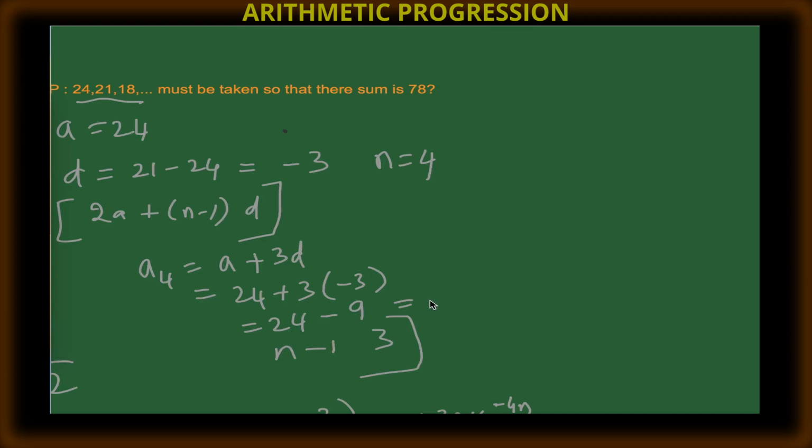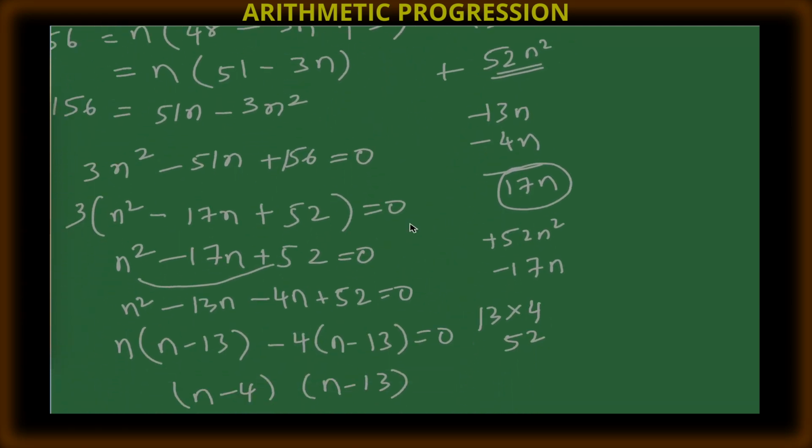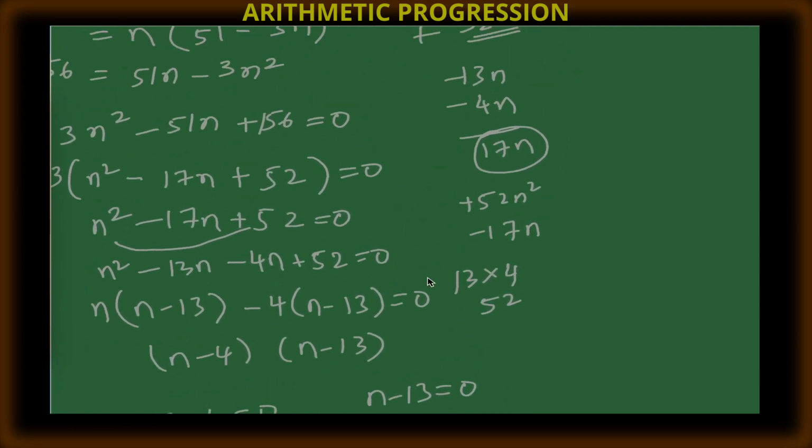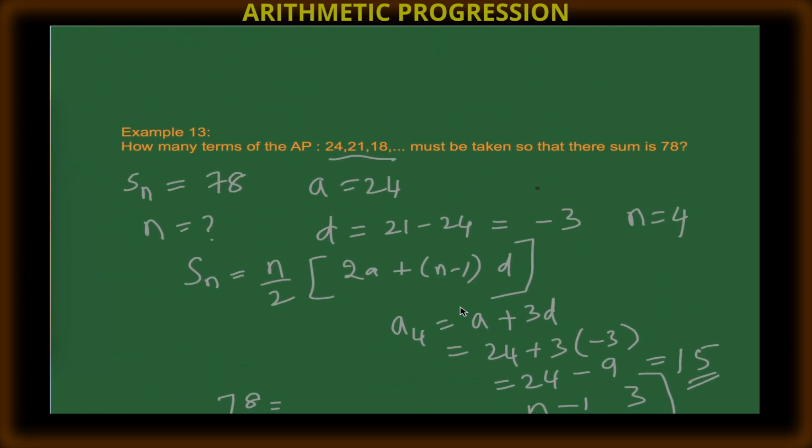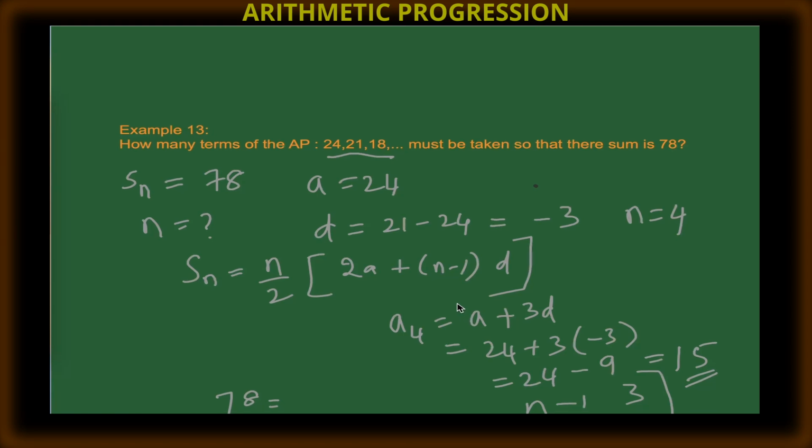So 9 it is, so 24, 15. Okay, so this is one value, and what is another value we have got? n is equal to 13. So n is equal to 13. How many terms of the AP must be taken so that their sum is 78?